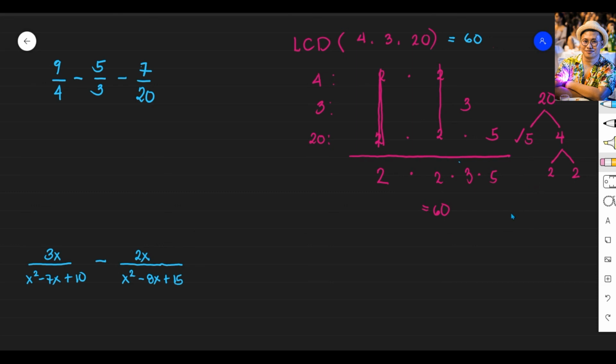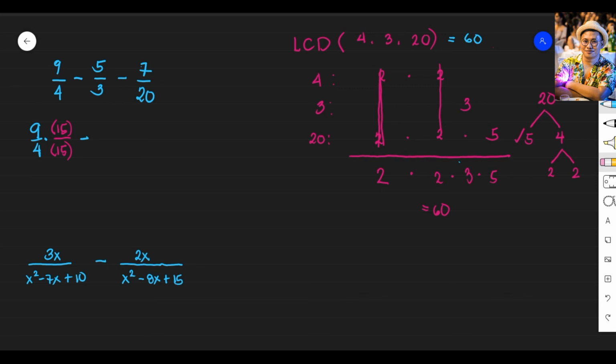That 15, guys, we multiply to the numerator of the first term and the denominator of the first term. So, what happens is 9 over 4 times 15 over 15.